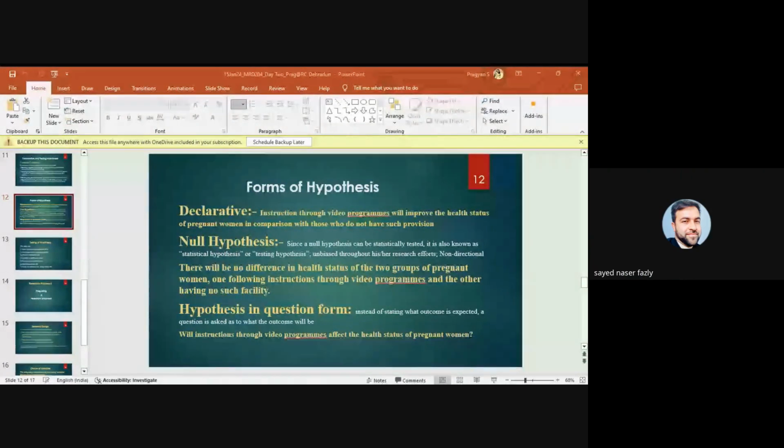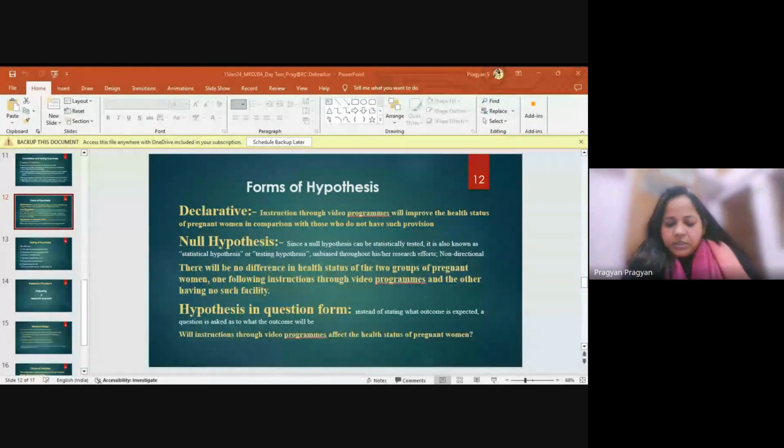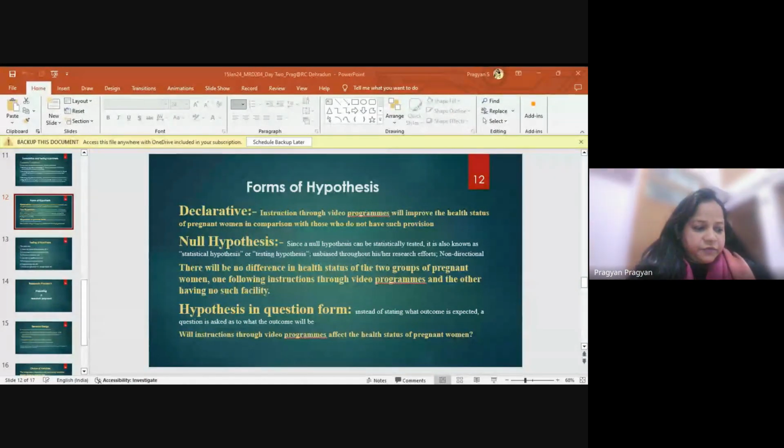Sorry, ma'am, one question: what will be the difference between theories and hypothesis? I don't know exactly the difference between these two things. Thanks a lot for this very important, very significant question. Is there anything else?